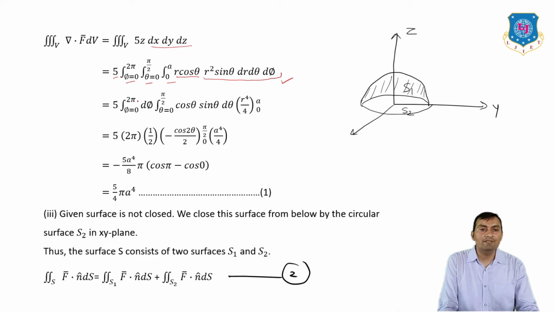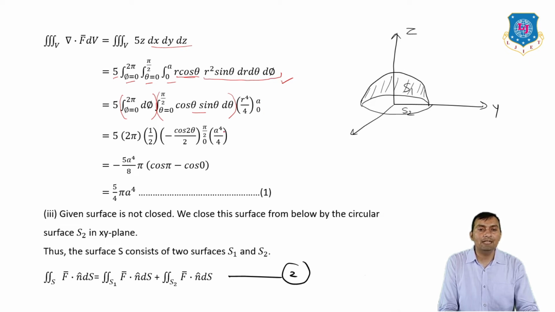Whenever we perform this triple integration, we notice that there is no function of phi, so phi integrates separately. Again, we can do the integration for theta, keeping the terms cos theta and sin theta together, and the integration with respect to r of r cubed will be r to the power 4 by 4 from 0 to a.